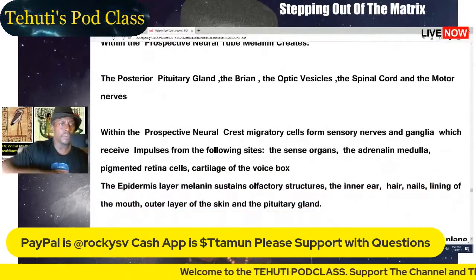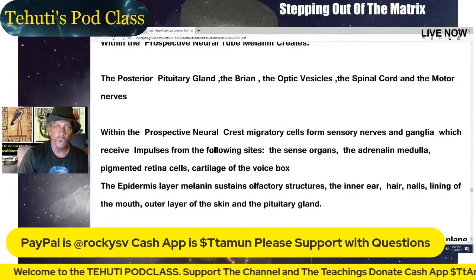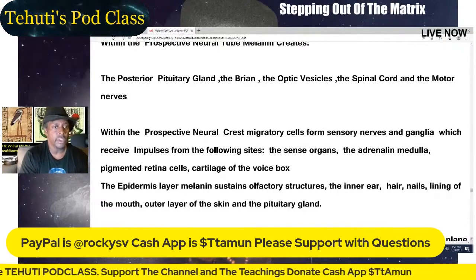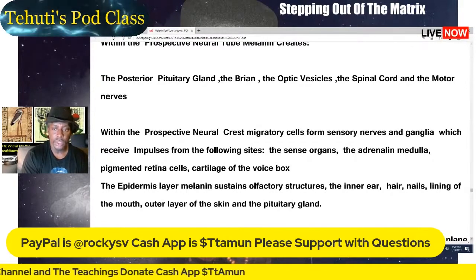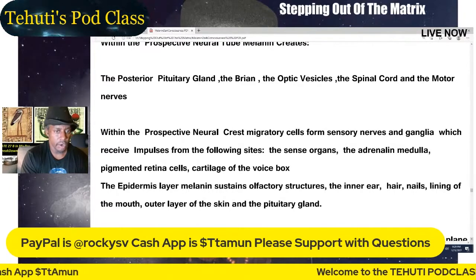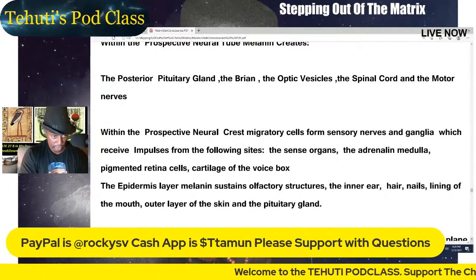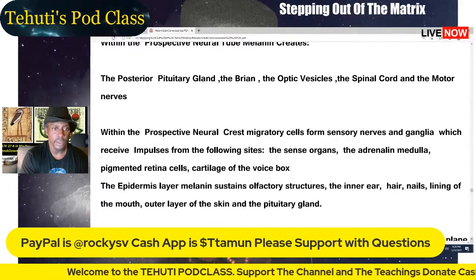Now, with a prospective neural crest, migratory cells from the sensory nerves and ganglia, which receive impulses from the following sites: the sense organs, the adrenal medulla, pigmented retina cells, cartilage of the voice box, epidermis layer. So let's stop. Let's look at this.